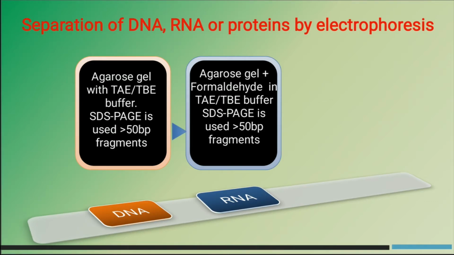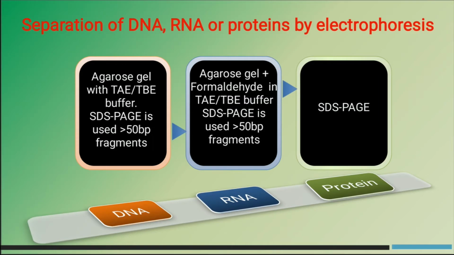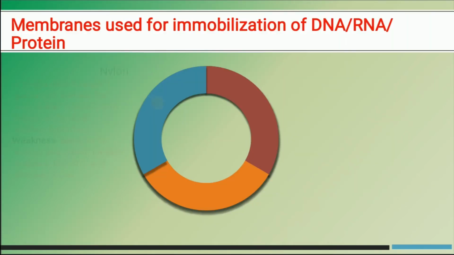And if the RNA size is very small, such as microRNA, small RNAs less than 50 base pairs are resolved by sodium dodecyl sulfate polyacrylamide gel electrophoresis. For protein molecules, SDS-PAGE is used to resolve the proteins according to their molecular weights, and it is used for the next procedure called immobilization.